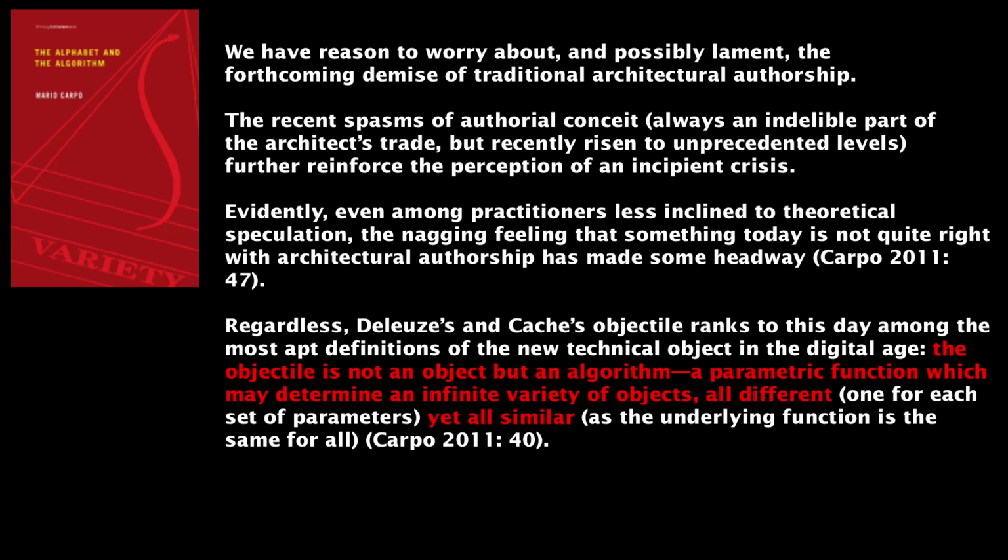And Mario Carpo, with Bernard Cache and Deleuze, brings forward a new name for it. It is the objectile. Objectile is not an object but an algorithm, a parametric function which may determine an infinite variety of objects, all different, yet all very similar.